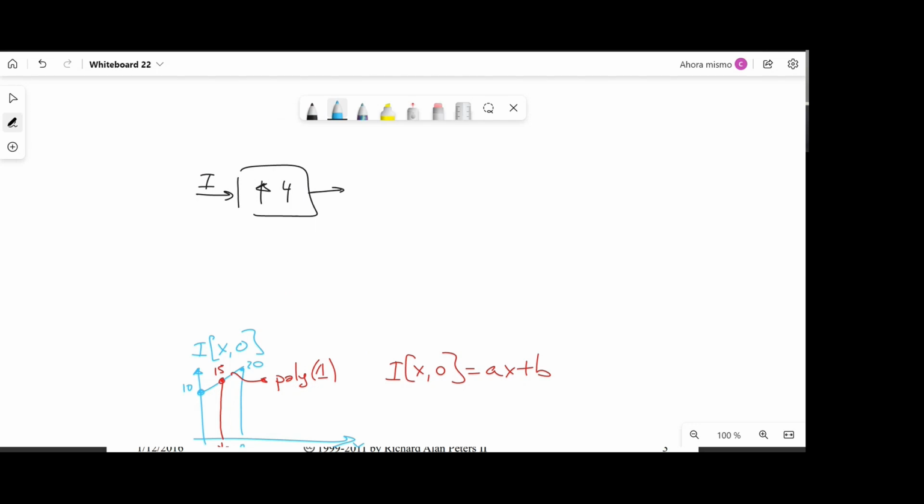Here, for instance. So what we are saying is this I prime. I will do it in 1D, but it applies in both directions. So I prime n prime is I n divided by 4, if n prime is a multiple of 4, and 0 otherwise. Here n prime just highlights that this is the axis of I prime.